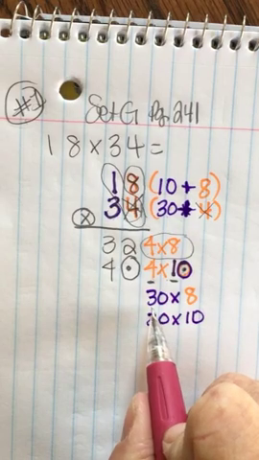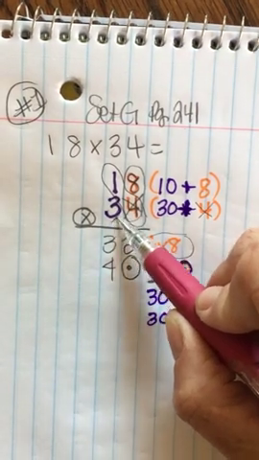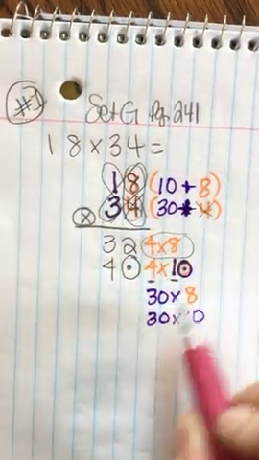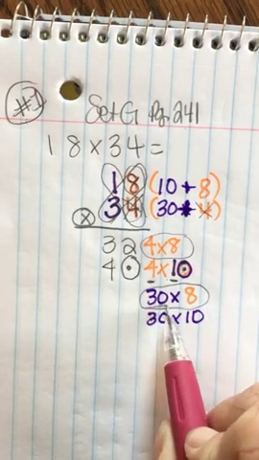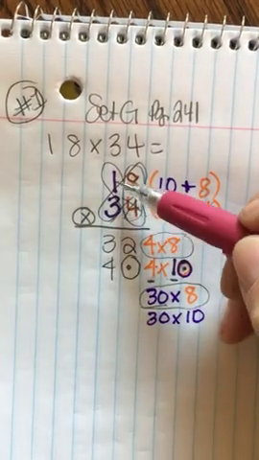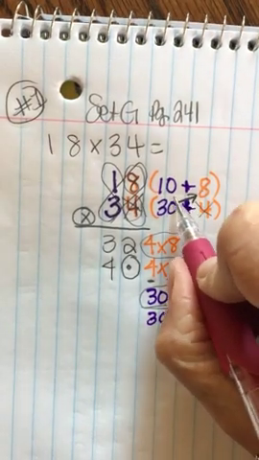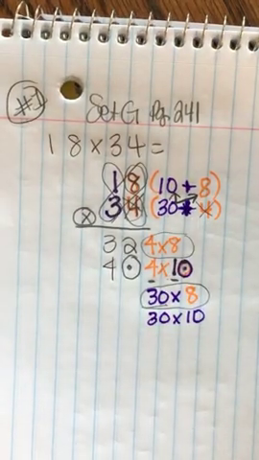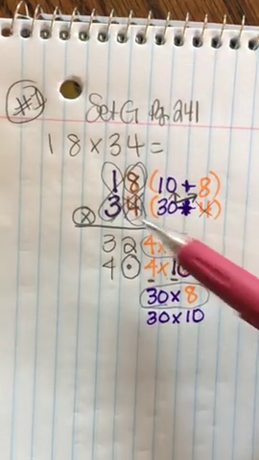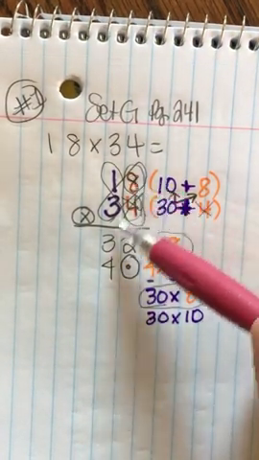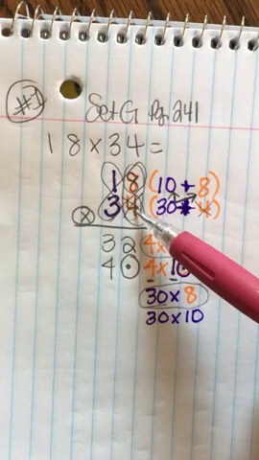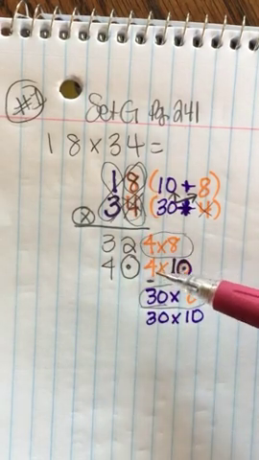Okay, now I could still, and here's your loop, there's your 30 times 8 here, and then 30 times 10. You can see it gets like a jumbled up mess when we have double digits, when we're trying to lasso numbers.